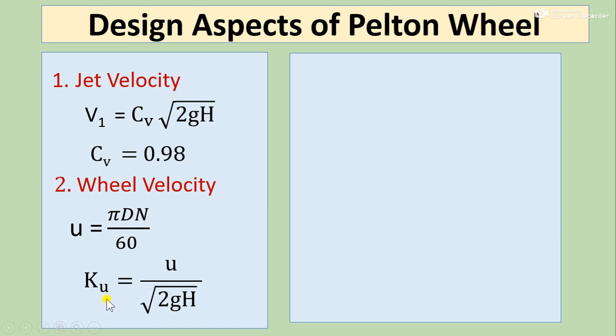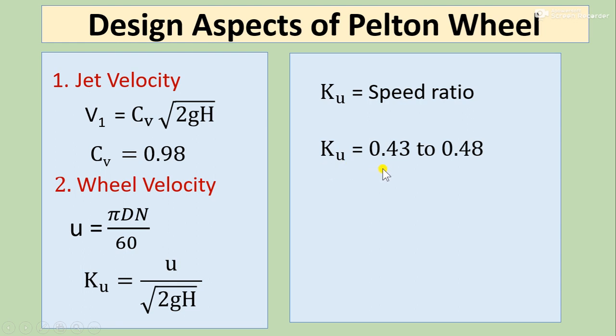Ku, that is speed ratio, can be used, which is the ratio of bucket velocity to square root of 2gh. Speed ratio Ku value is to be taken from 0.43 to 0.48. Square root of 2gh is called as spouting velocity.